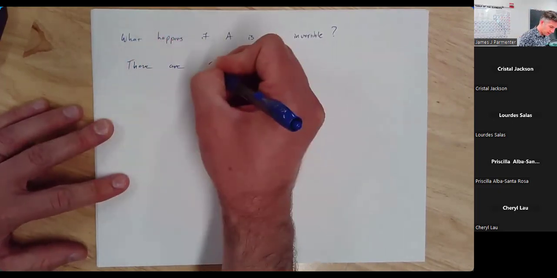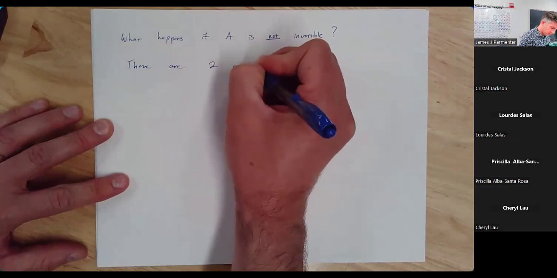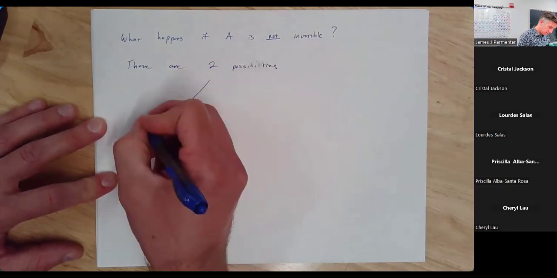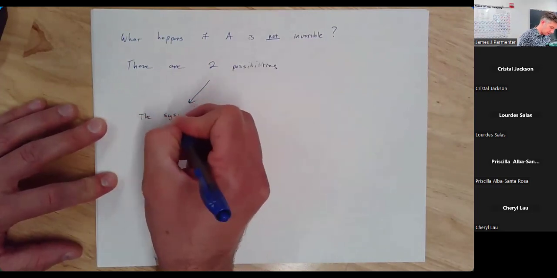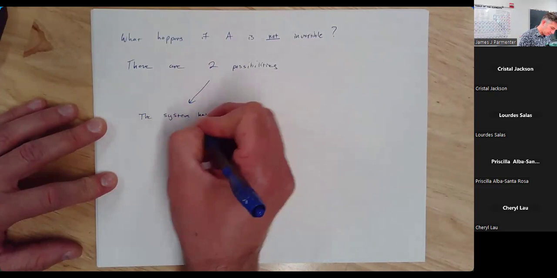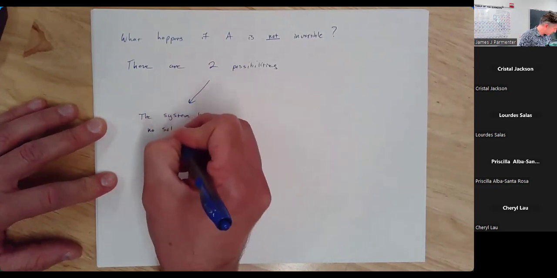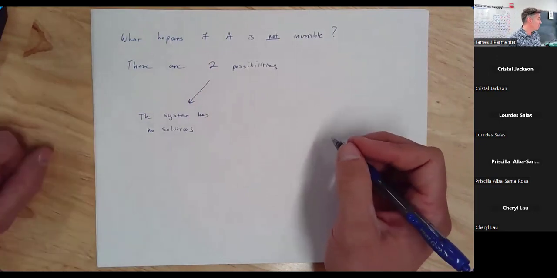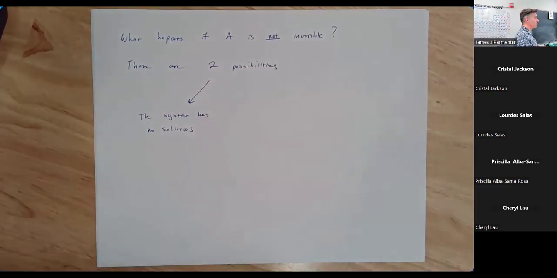There are two possibilities. One, the system has no solutions. Which I think of as the lines being parallel. They never intersect, so there's no solution to both equations at once.